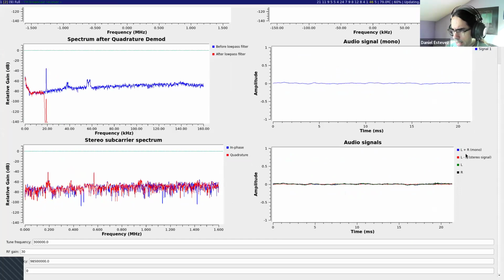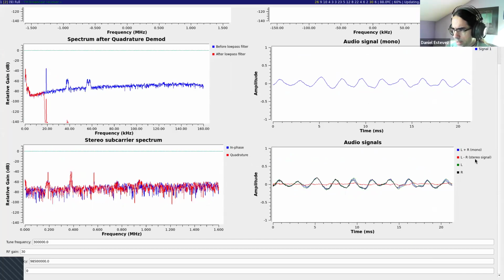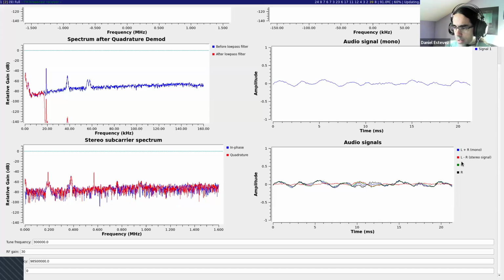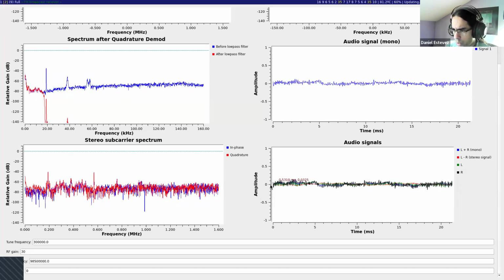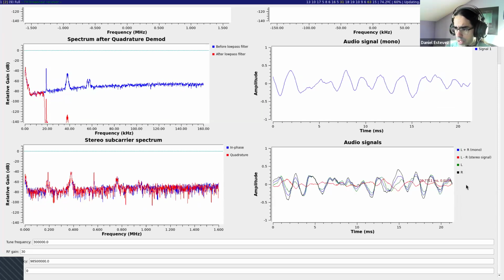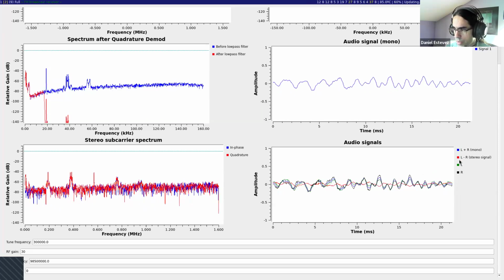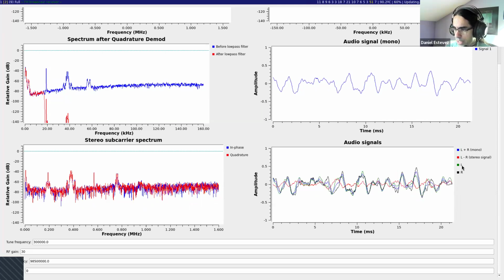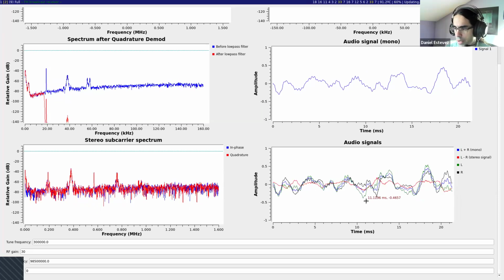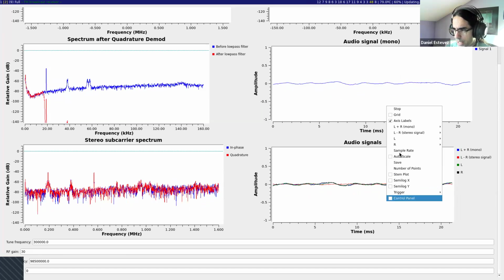So you can see in blue, it is the same thing as here. So it's the mono audio signal. In red, you can see the left minus right. So depending on what's being played, it will have very little content. Sometimes there is not much difference between left and right. And sometimes there will be more content on this red stereo signal. And then you can see left and right. So they are close because there are common signals on left and right, but you can see that sometimes they are slightly different.